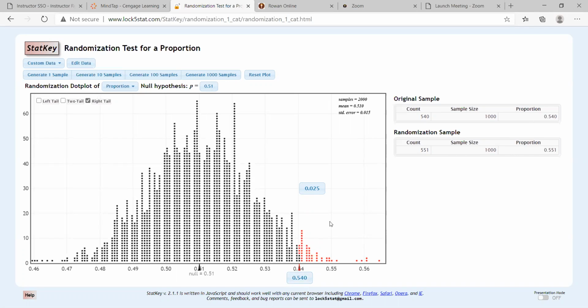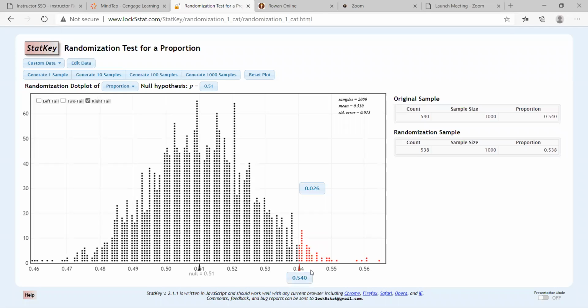So if this wasn't 0.54 here, we would have to click it and then type in 0.54 as the sample proportion. When I did it, it actually changed this, which is kind of strange. But anyway, just get into the habit of doing it. Click the endpoint, this box down here, and replace whatever's in there with the sample proportion. This is the original sample proportion.